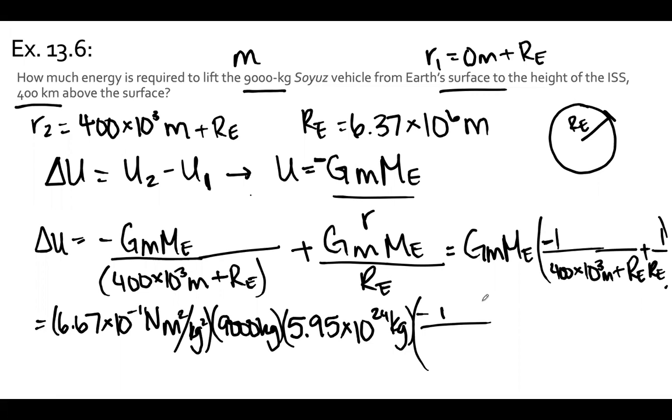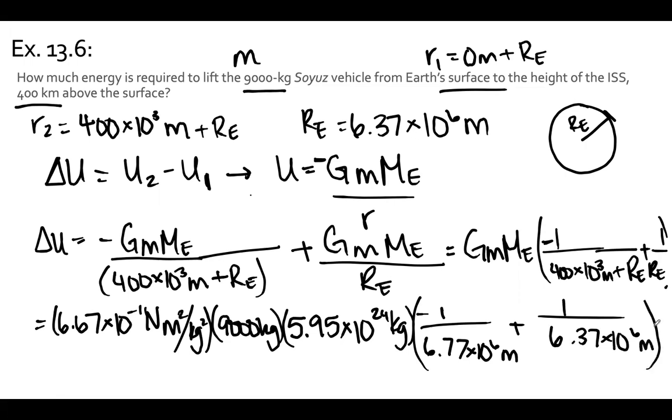We have 6.37 times 10 to the 6th plus 400 times 10 to the 3rd. That gives us 6.77 times 10 to the 6th meters, and then plus 1 over 6.37 times 10 to the 6 meters.